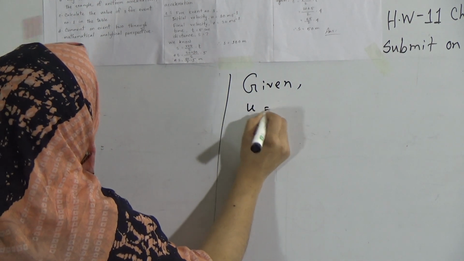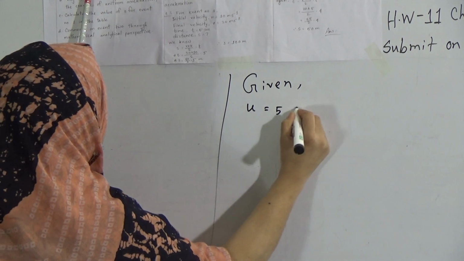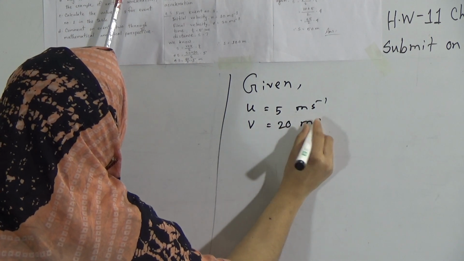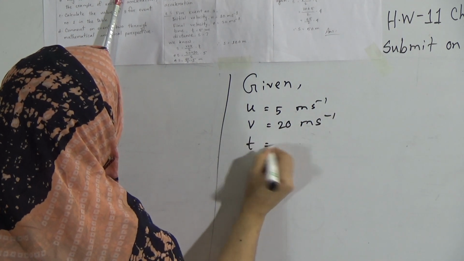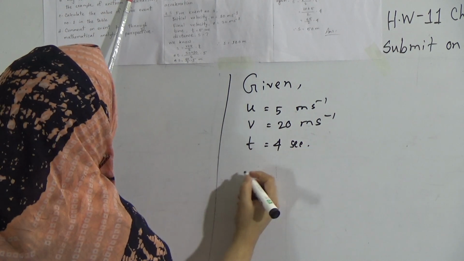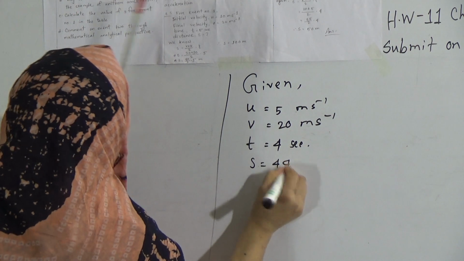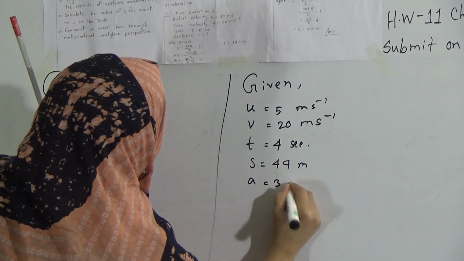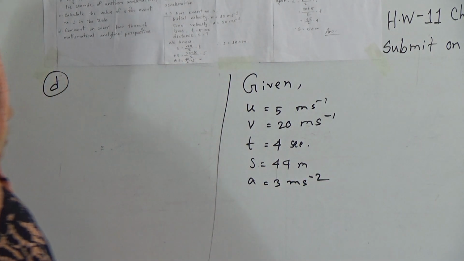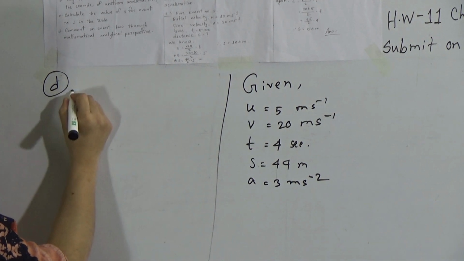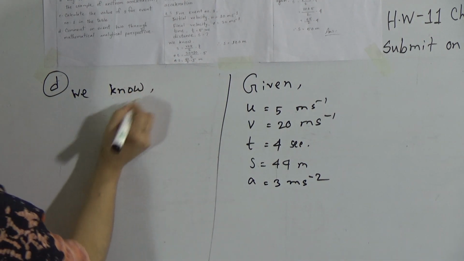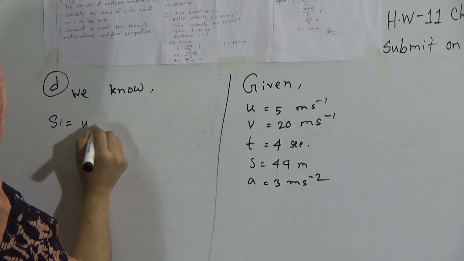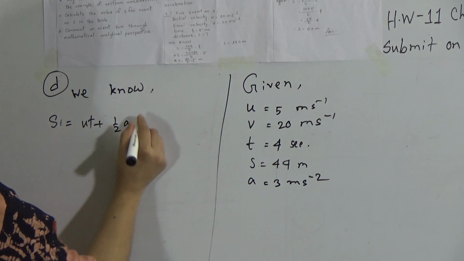Initial velocity U is 5 meters per second, final velocity V equals 20 meters per second, time T equals 4 seconds, distance is given as 44 meters, and acceleration is 3 meters per second square. Now apply the formula. We know distance is equal to ut plus half a t square.